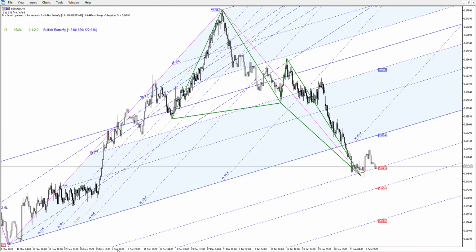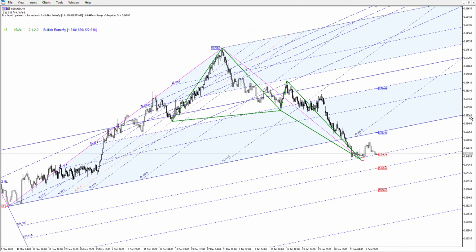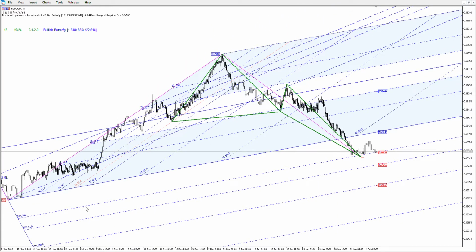Kiwi dollar. So it's a bit of a strange one on the H4. We're bullish, so butterfly. We've actually broken the pitchfork, and we're coming up to a 38.2 fib extension at 0.6364, 0.63. I might need to get a larger screen.